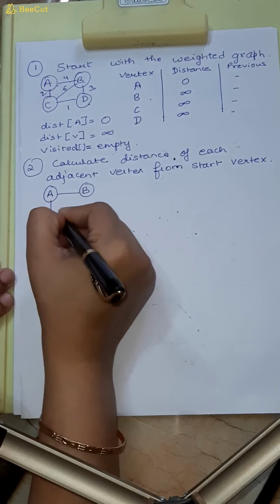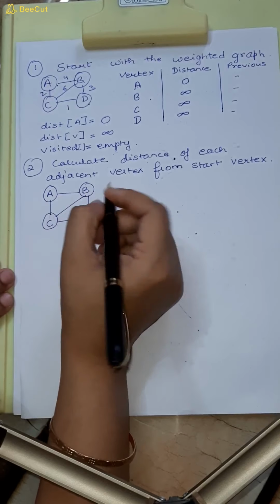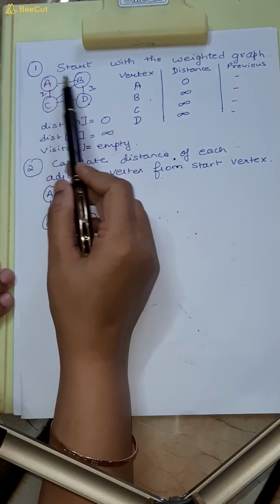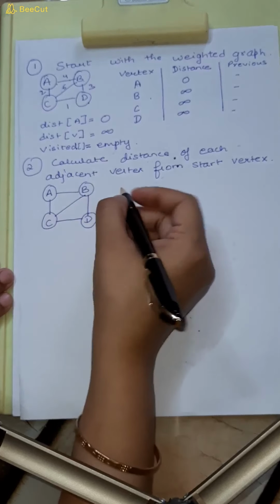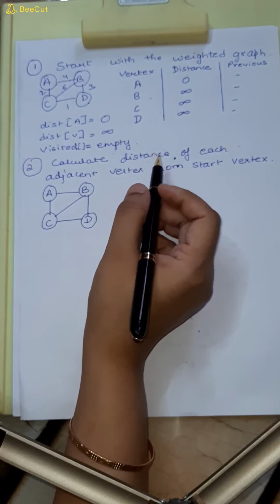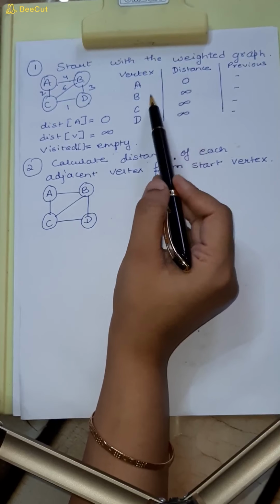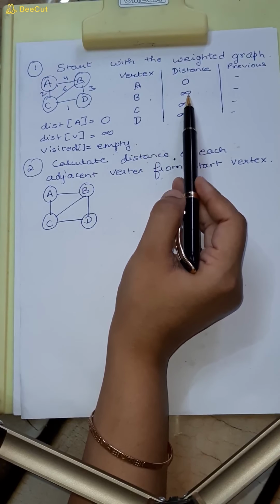Here you need to remember one thing. From A to B a direct edge exists and it has weight 4. We had assigned the distance from A to B as infinity in the previous table.